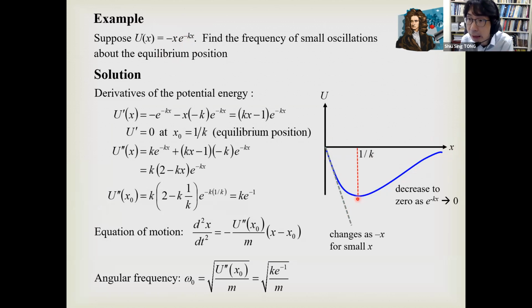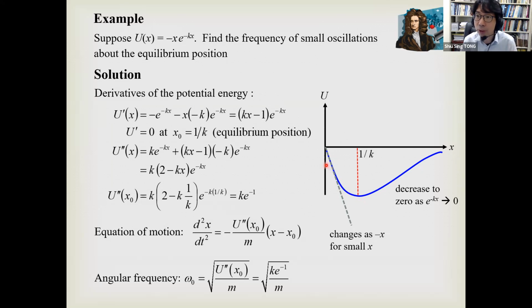So there must be a minimum point in between. This minimum point is the minimum point for the potential energy, and that is a stable equilibrium position. And we want to find an oscillation as a simple harmonic motion about this equilibrium position, and find that oscillation frequency.